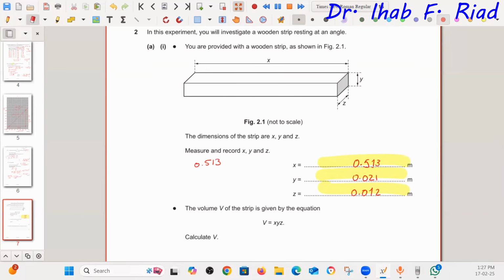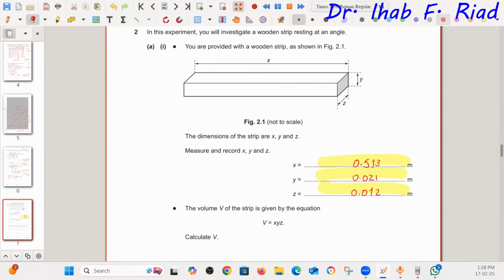So how are you going to proceed with that if you are given this in the lab? For x, I can use a measuring tape or a meter ruler, right? Yes, we typically use a meter ruler. And then it depends about y and z.